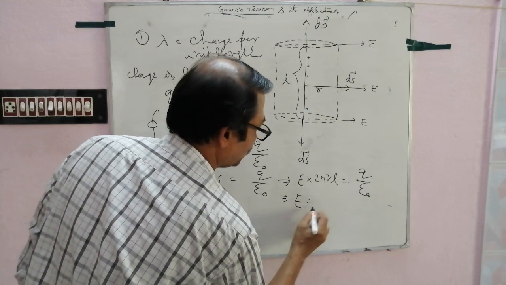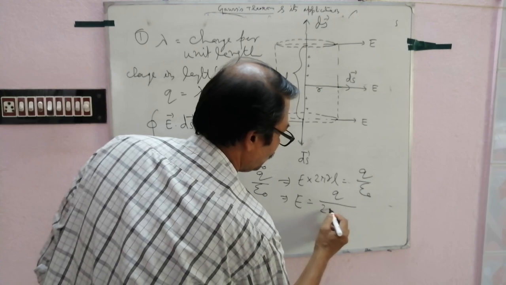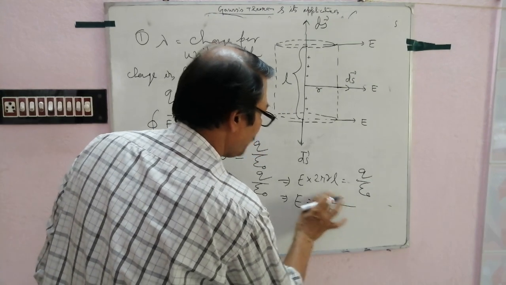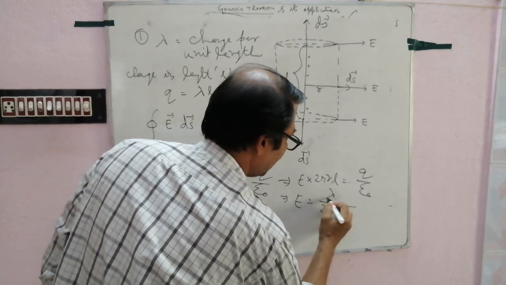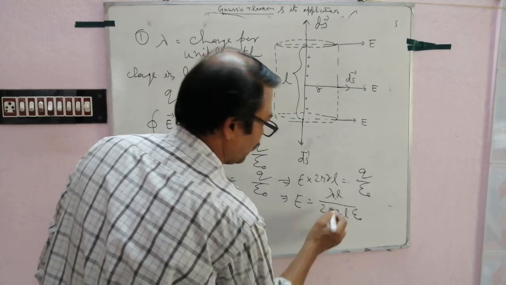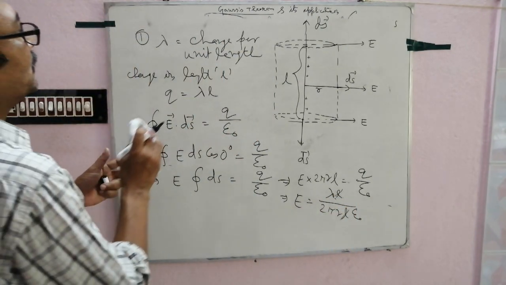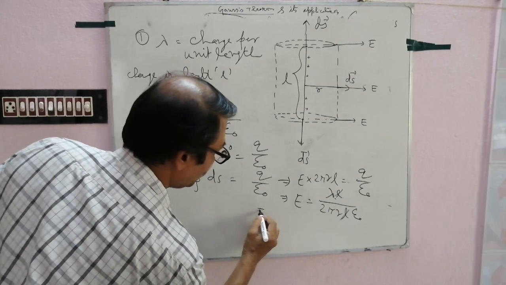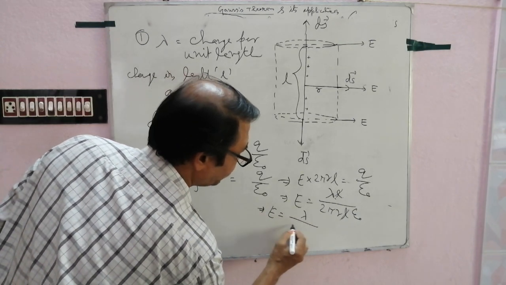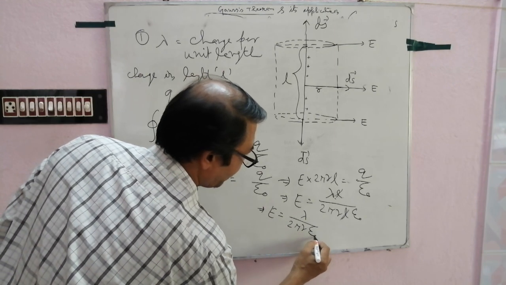That is E equals Q by 2 pi rl epsilon naught. The value of Q we put as lambda l, so l vanishes, and the final result will be E equals lambda by 2 pi r epsilon naught.